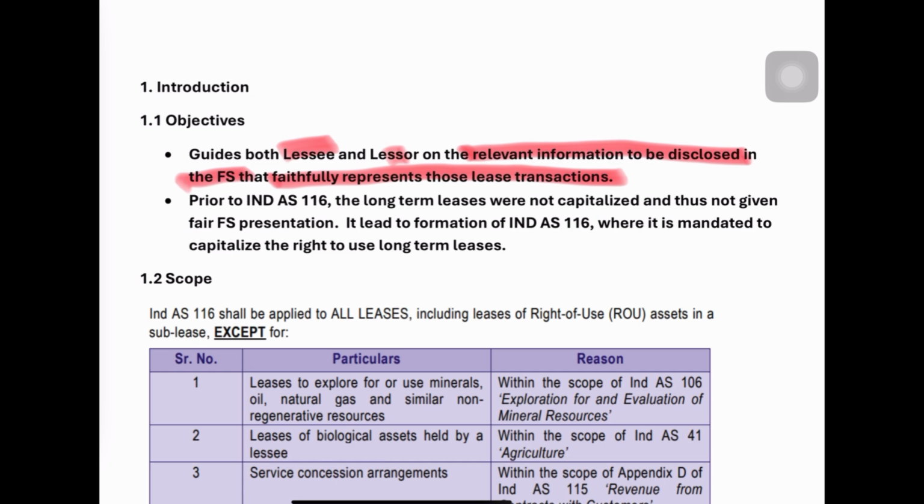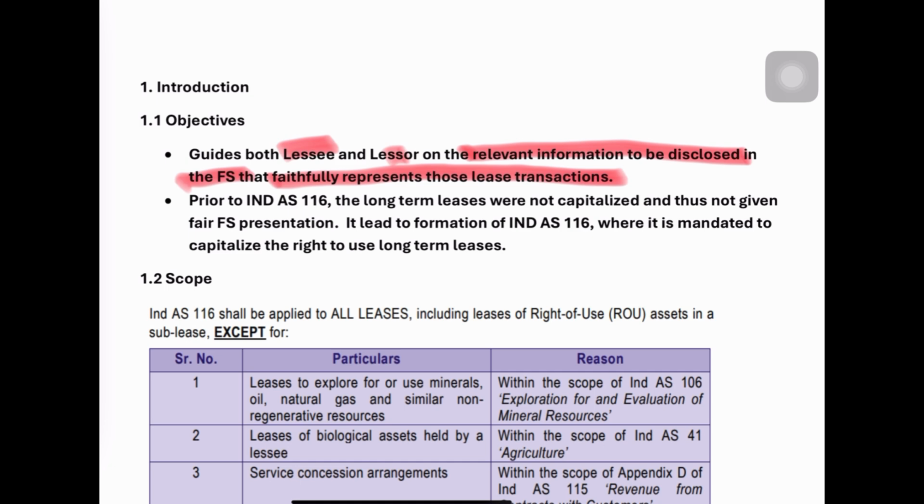But that was not giving the right picture in the financial statement, because having those long-term lease contracts, basically the lessee has the right to use those assets. So ideally there is a long-term commitment, and those things need to be capitalized. If you directly charge to the P&L account as and when those lease rentals are paid, then it is not giving in the financial statement a disclosure about the entity's right to use those assets.